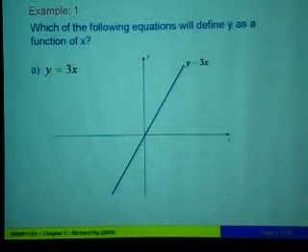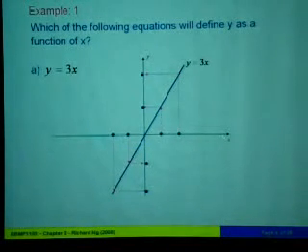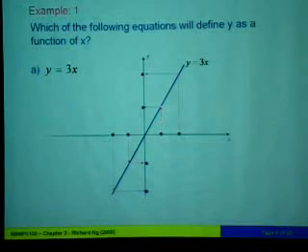From this line, what you do is find an input from x, draw a dotted line onto the line, and from here look at the output on the y-axis. We can see from this graph, one input produces one output on the y-axis. One x produces one y.